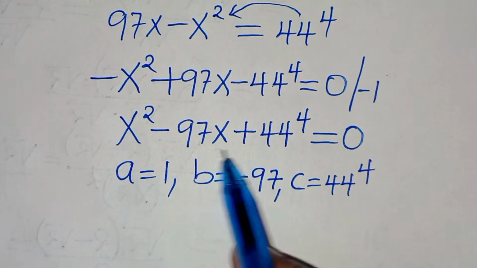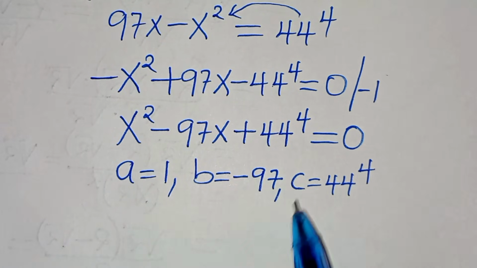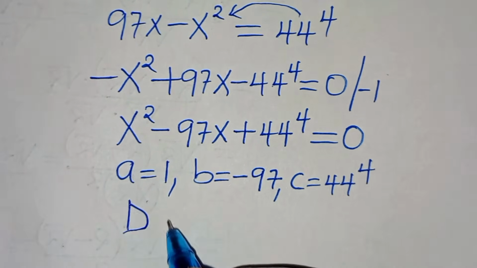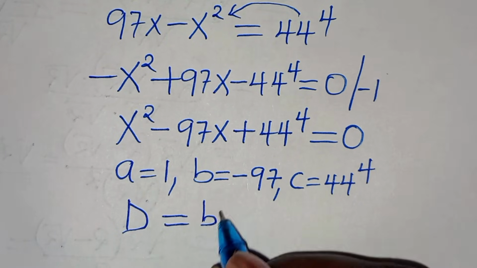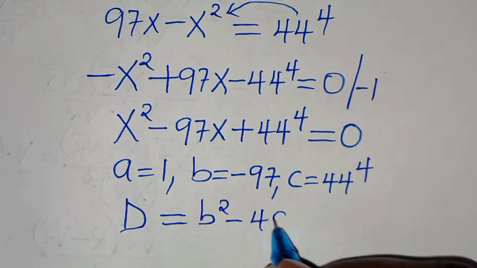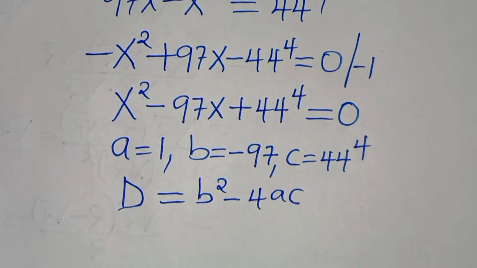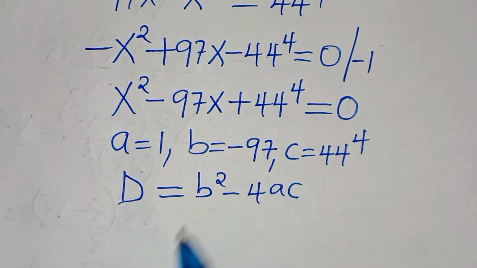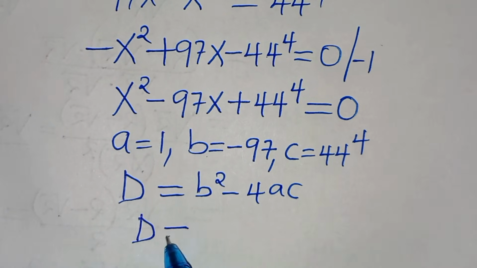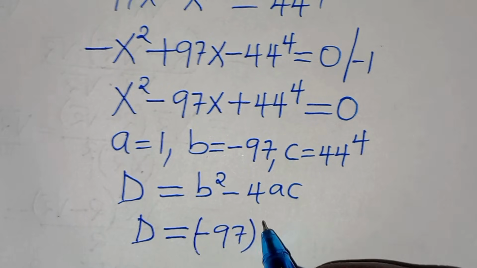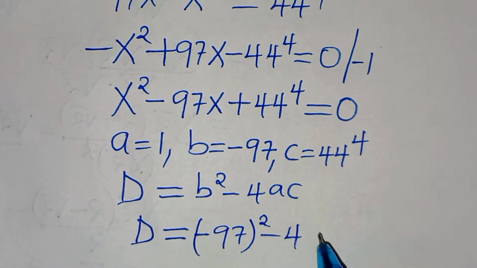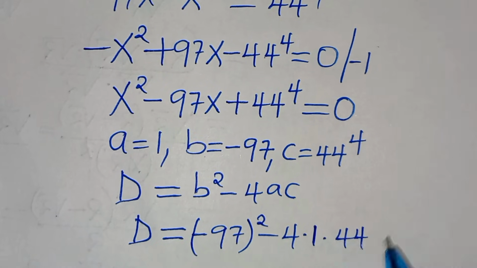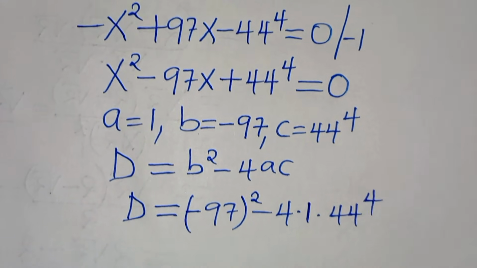Let's assess the nature of the root of this quadratic equation, that is by determining the discriminant value, which is b squared minus 4ac. Now, let's substitute a, b, and c into this formula, so that the discriminant value is minus 97 raised to the power of 2 minus 4 times a, which is 1, then times c, which is 44 to the power of 4.